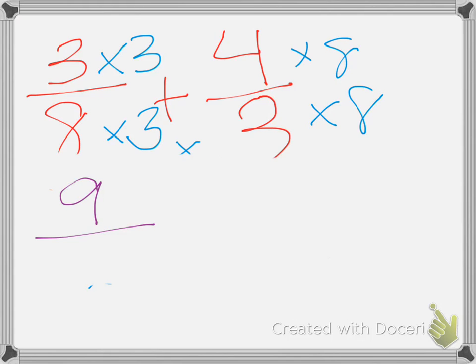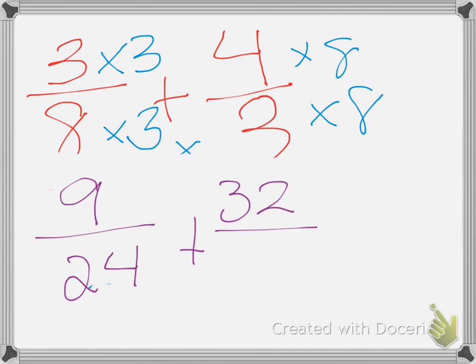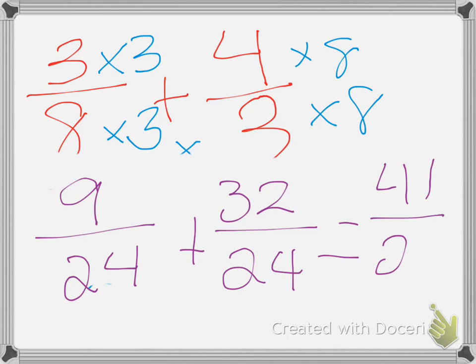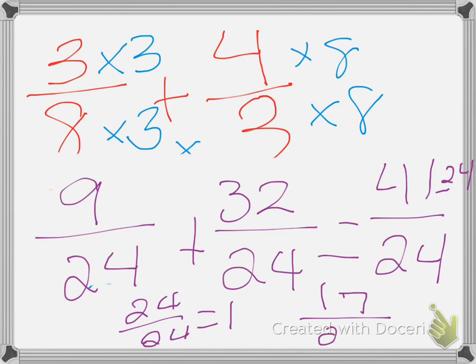We know 8 times 3 is 24. Plus 4 times 8 is 32. Over 24 equals 41/24. I know 24 over 24 equals a whole. So I know I have 1 whole. Minus 24 will be 17 over 24. My mixed number.